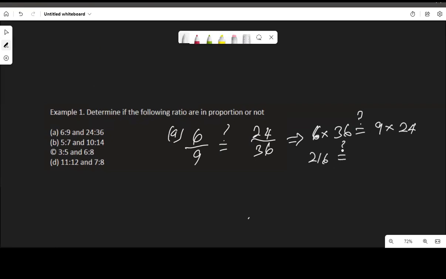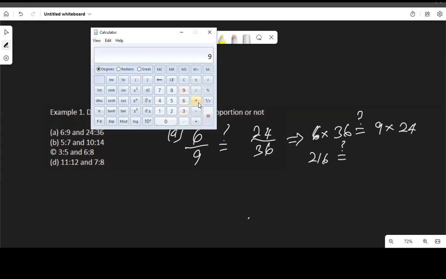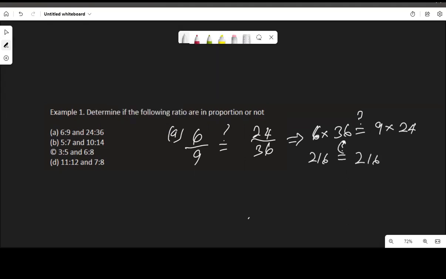Let's assume it's equal to the other one. Again, 9 multiplied by 24 is equal to 216, okay? So they are equal. Since we have 216 and 216 on both sides, that means the ratios 6 to 9 and 24 to 36 are in proportion.